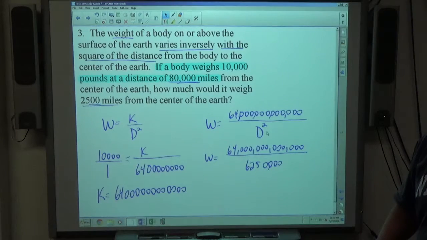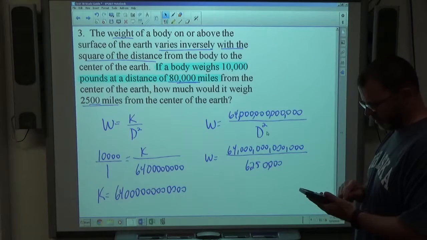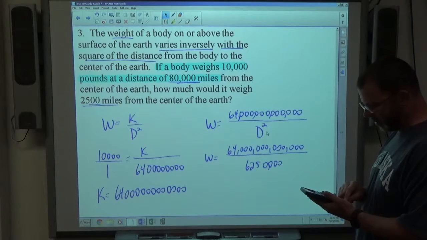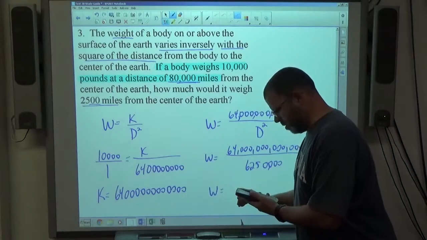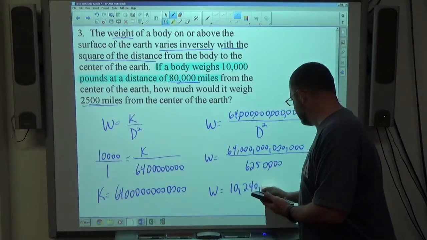Again, a calculator can help me with that. 64 trillion divided by 6,250,000 comes out to 10,240,000 pounds.